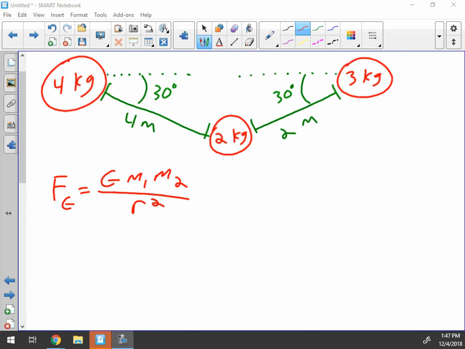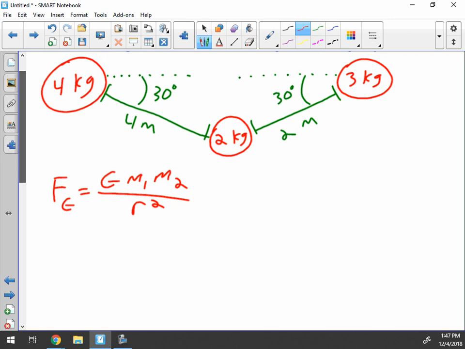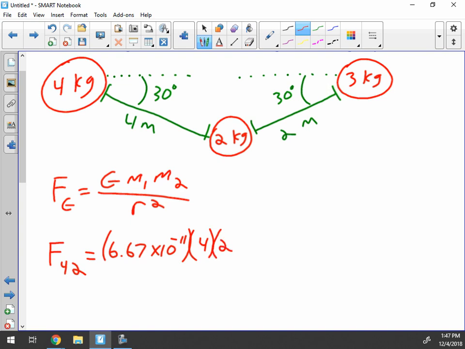So we're looking at the two objects on the left, and so I'm going to call that the force between object 4 and object 2. And so I have big G, which is 6.67 times 10 to the negative 11, and we multiply that times the two masses, which is 4 and 2, and we divide that by the distance squared.